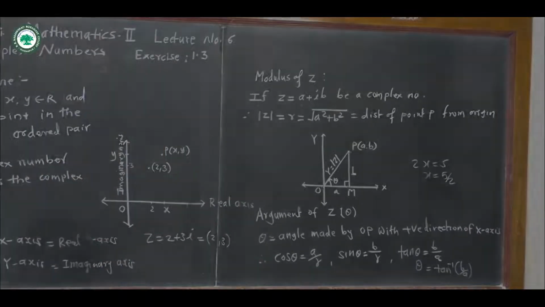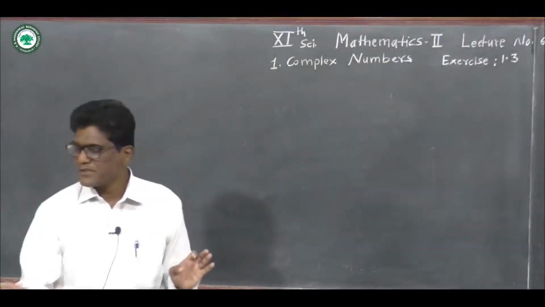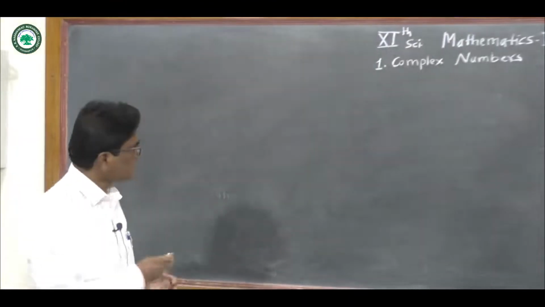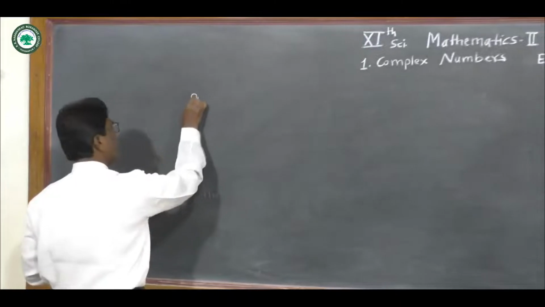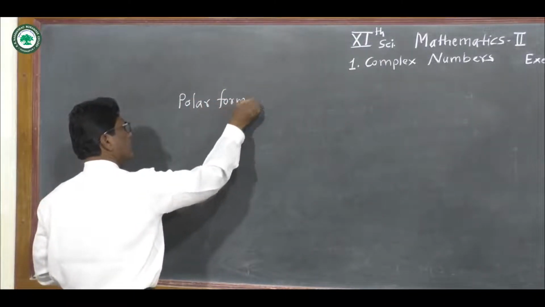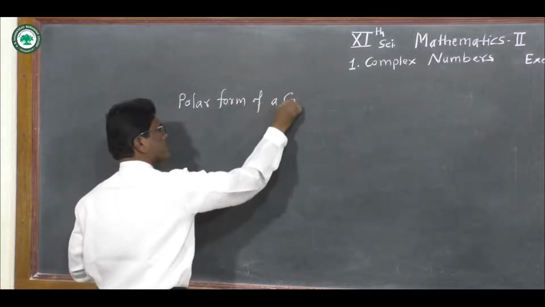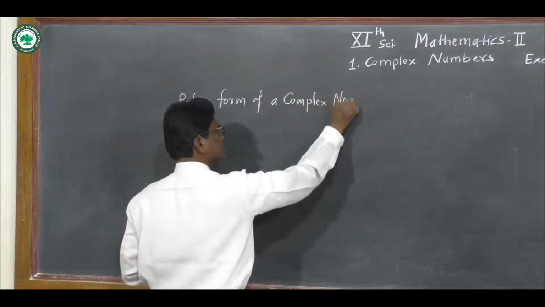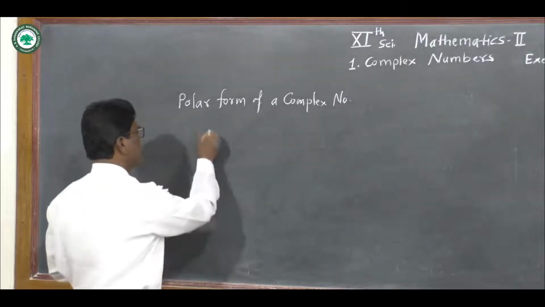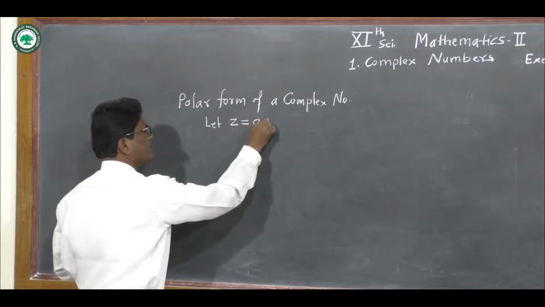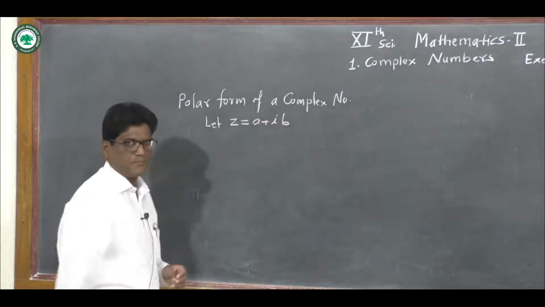Now next, polar form of a complex number. Let z is equal to a plus ib be a complex number.